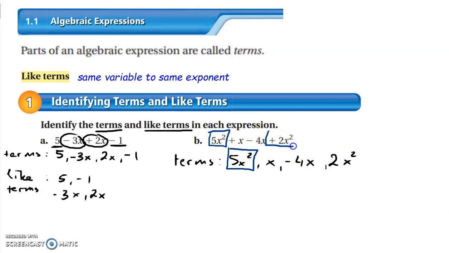This one and this one are like terms. So like terms are 5x squared and 2x squared. And then we have our variable terms that do not have an exponent, and we've got x and negative 4x.